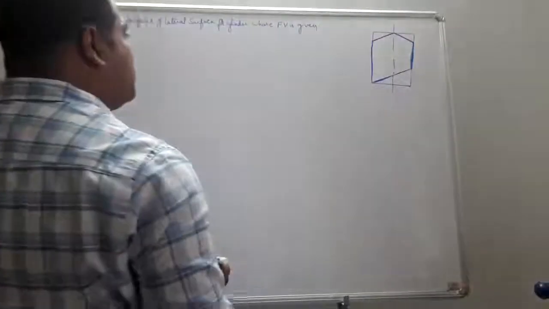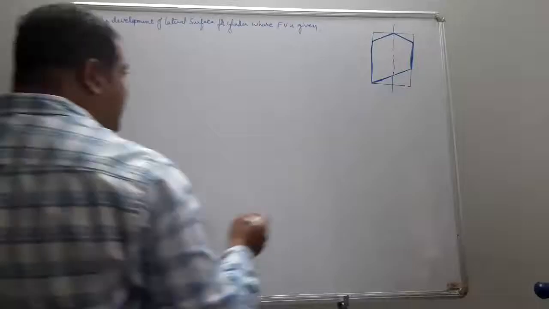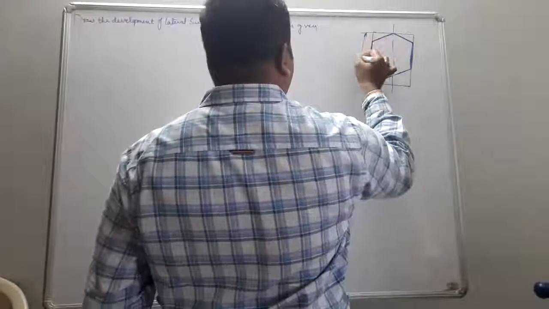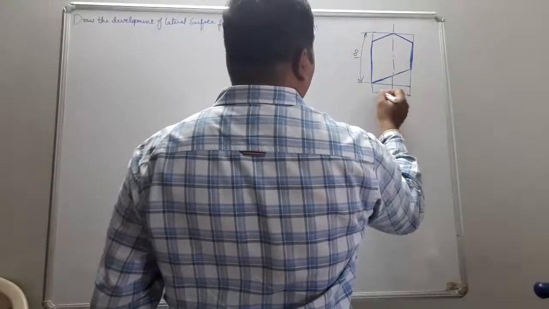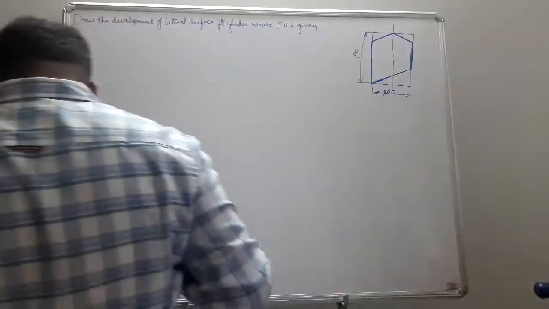This is the portion to develop for the cylinder's front view. Height is given as 100 and base diameter is given as 60. The inclinations are 30, 30 and 40.